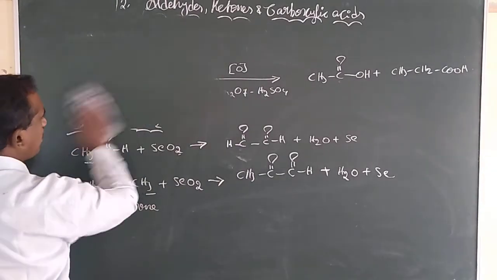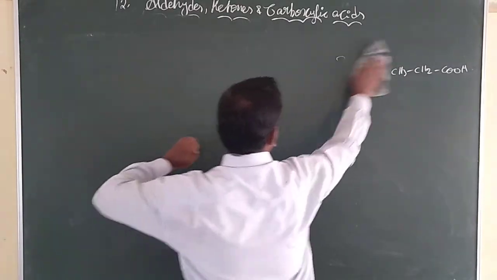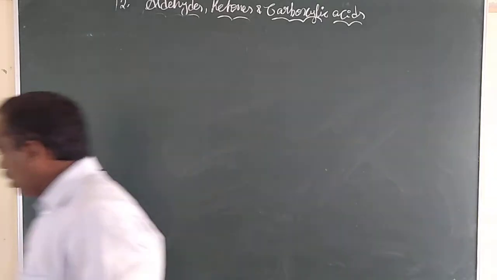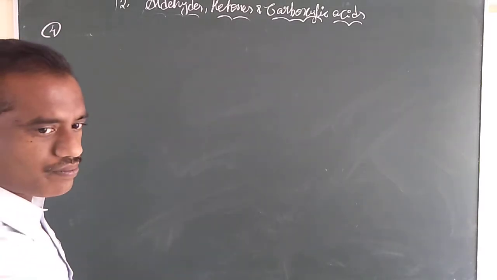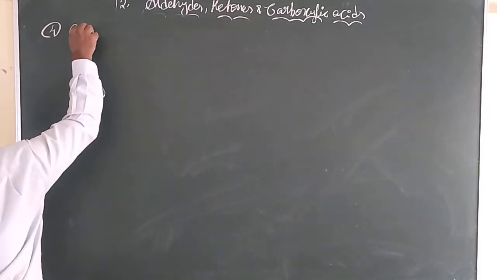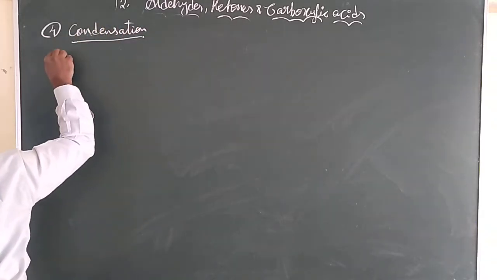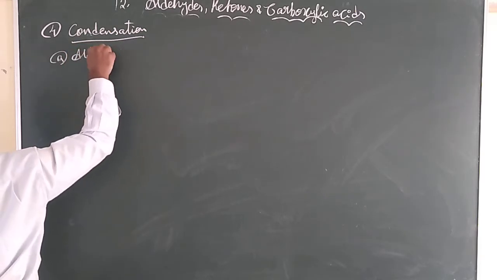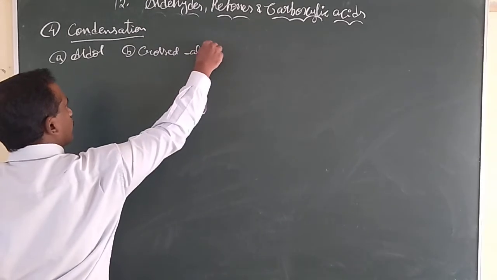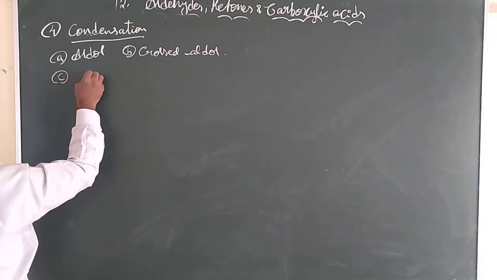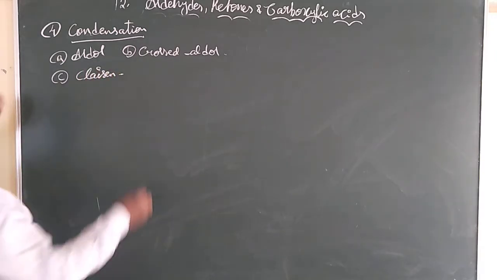This is called Claisen condensation reaction, not Clemmensen, Claisen. For the aldol condensation reaction and the cross aldol, please refer to the classwork. We are going with the 3rd one, Claisen condensation.